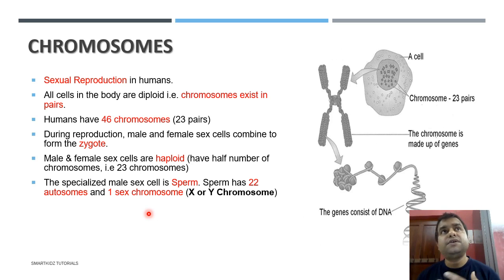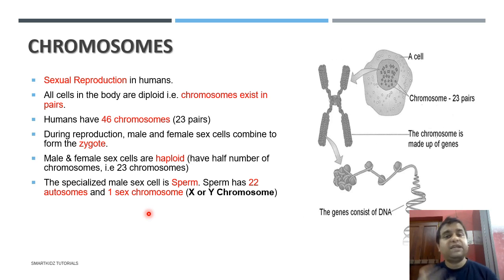See, males are made up of an X chromosome and a Y chromosome. Females have only X chromosomes. That means they receive an X chromosome from father, an X chromosome from mother. Mother always possesses only X chromosomes, so she will have two X chromosomes. So since she gives 50%, she can donate just an X chromosome.